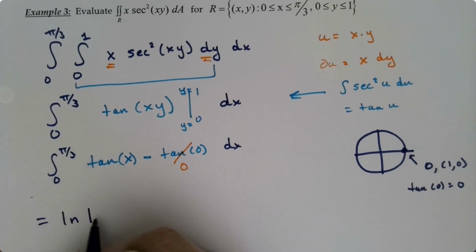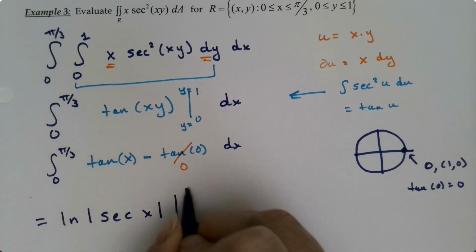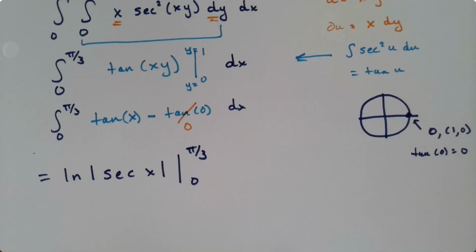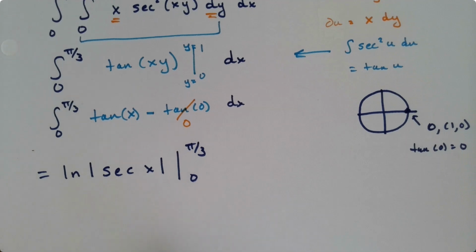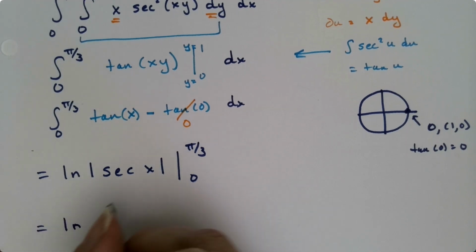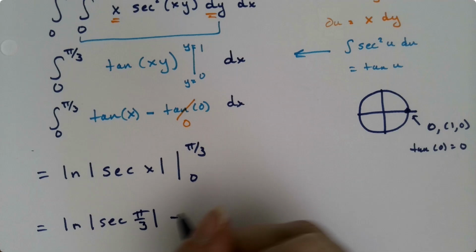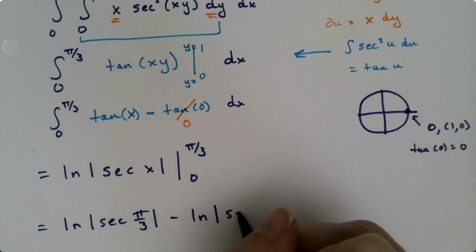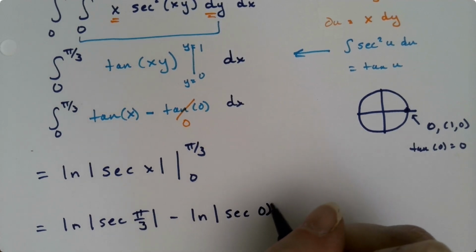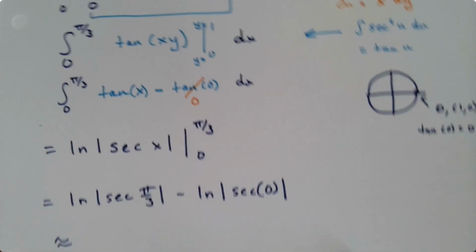It's the natural log of the absolute value of the secant of x from 0 to pi over 3. It's one of the more obscure ones that you probably had in Calc 1, so it's not a big deal. And so you would just take the natural log of the secant of pi over 3 minus the natural log of the secant of 0. And of course, we're just going to make Maple do this. We're not going to find this by hand. Nope.